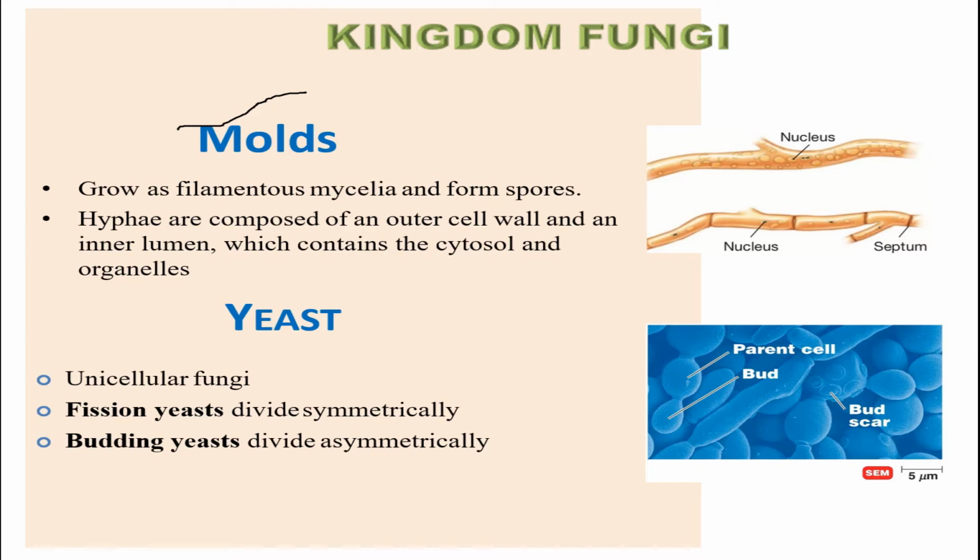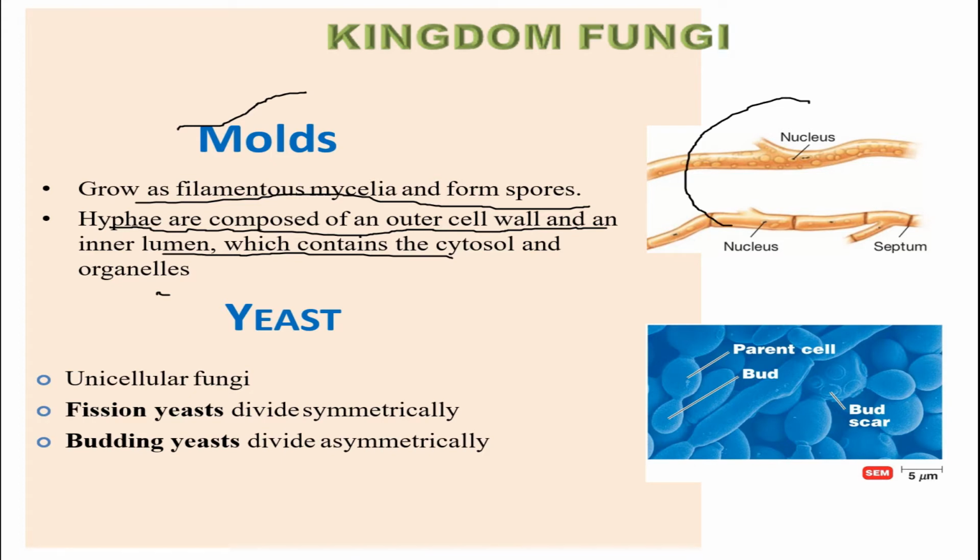Molds grow as filamentous mycelium which form spores, and the hyphae are composed of an outer cell wall and an inner lumen which contains the cytosol and organelles. This is the structure of the mold, as you can see.